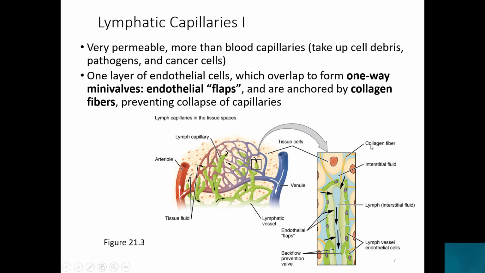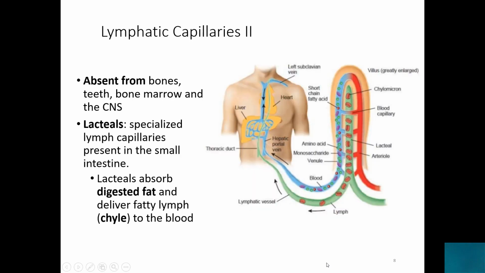So collagen fibers prevent collapsing of lymphatic capillaries. We have lymphatic capillaries everywhere in the body, with exception of bones, teeth, bone marrow, and the central nervous system, brain, spinal cord. Lacteals is a specialized type of lymphatic capillaries that we have in the small intestine.